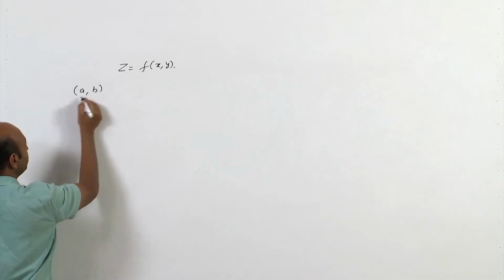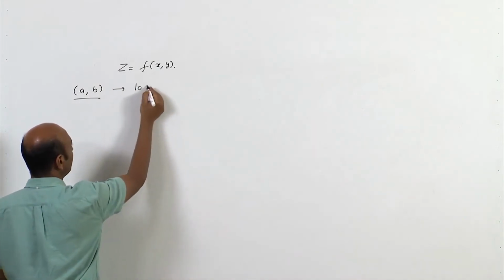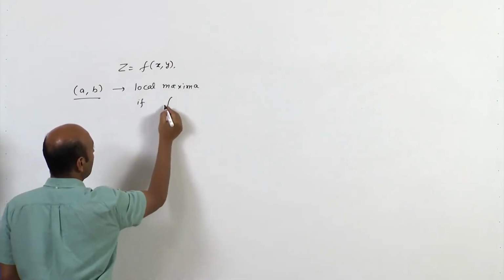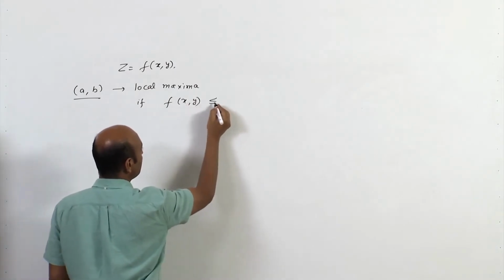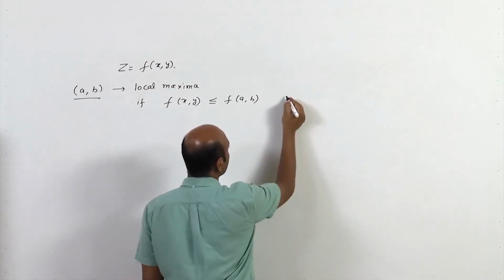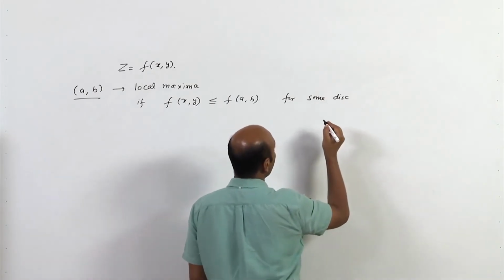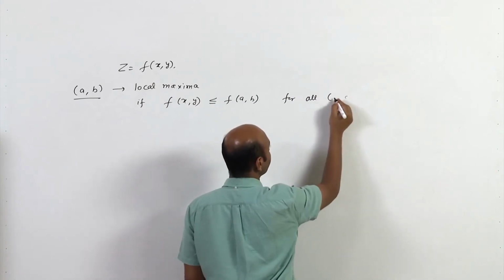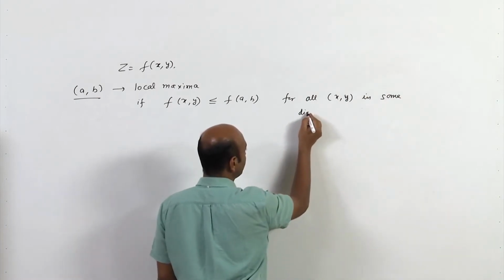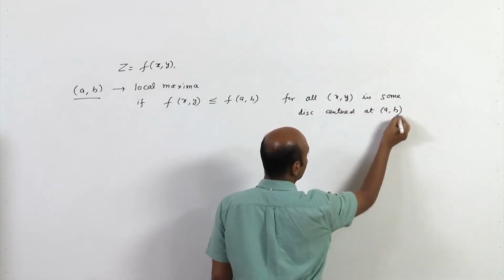A point (a, b) will be a point of local maxima if f(x, y) is less than or equal to f(a, b) for all (x, y) in some disk centered at (a, b).